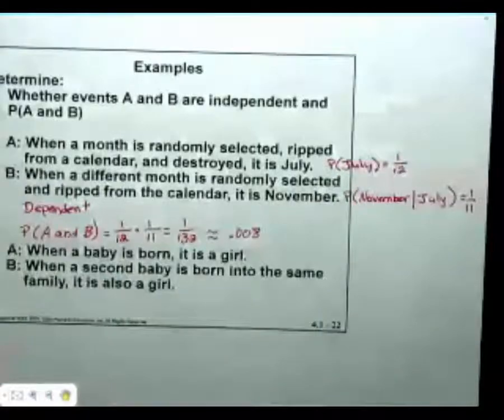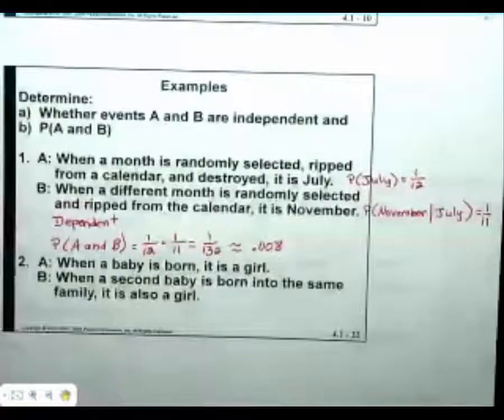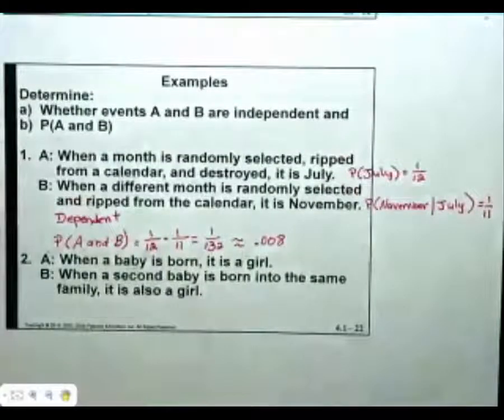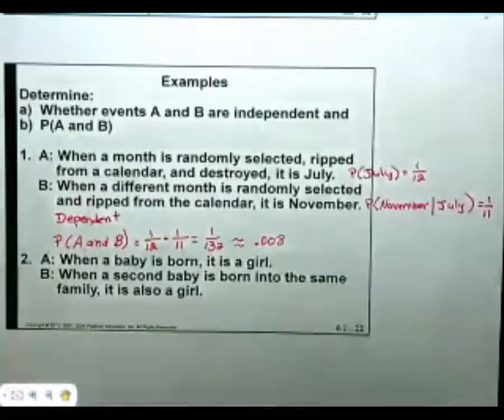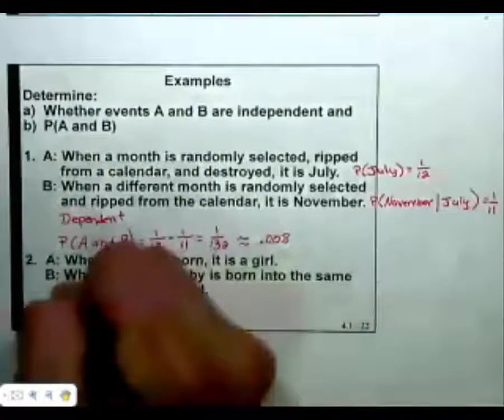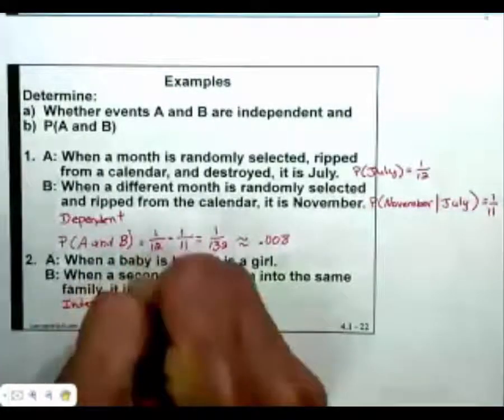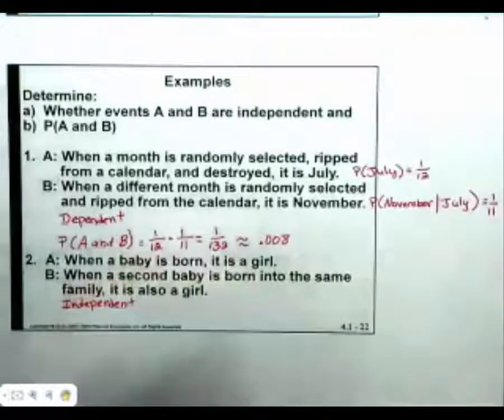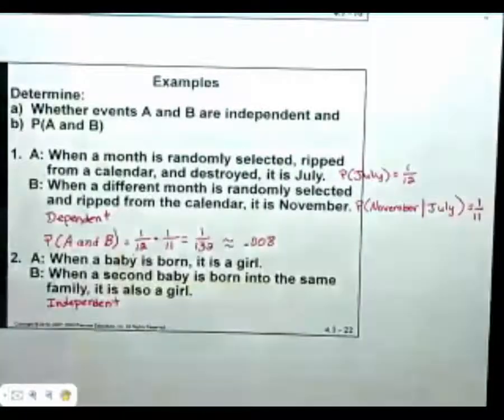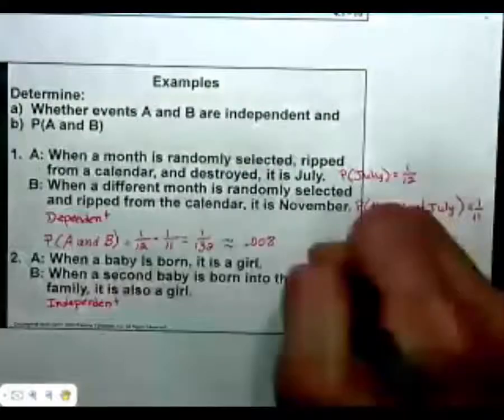What about number 2? If event A is, it's a girl, does that affect at all what you expect to be the gender of the second child? No. Those 2 events are independent. The first kid, the probability of a girl is what?